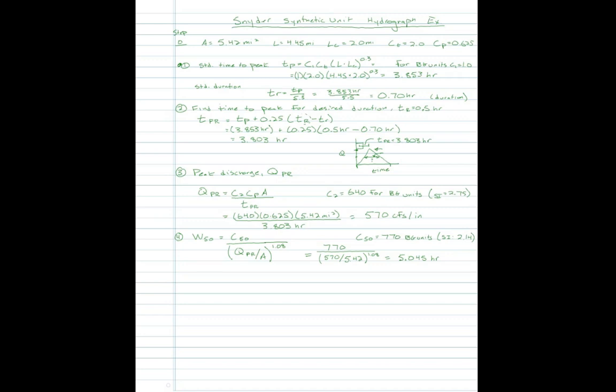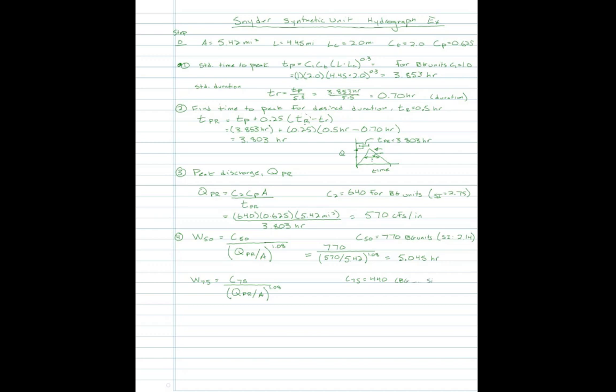We also need to calculate W75. It's also going to be used to calculate the total width of the storm. So W75 is C75 divided by QPR divided by area to the 1.08 power. And the C75 is 440 for BG units.